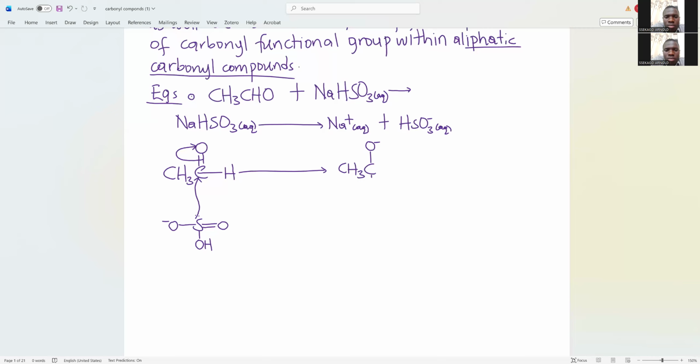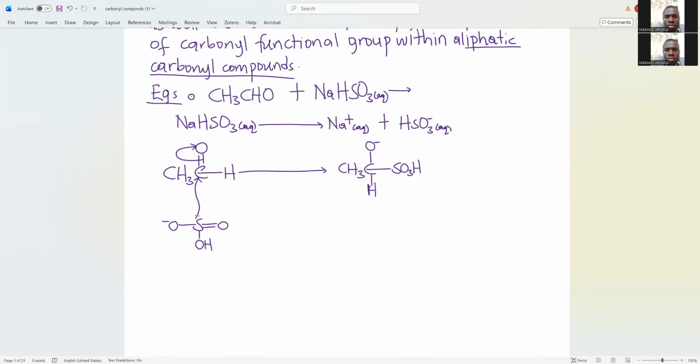This carbon carries the hydrogen, and that carbon is bonding with S. That S, look at that S very well. It carries 3 oxygen atoms and H, like that. Now, what have I left out? There's one thing which I've left out here.